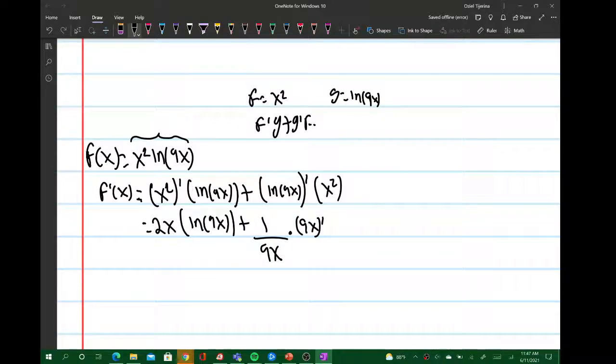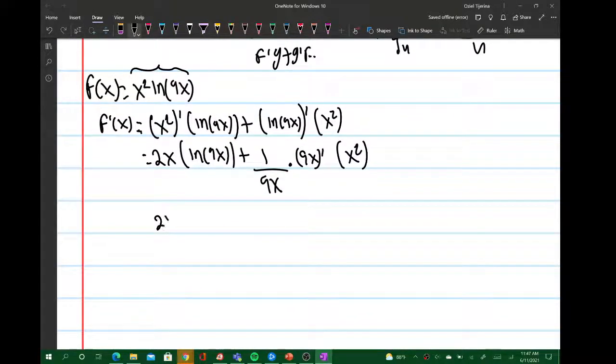Because remember, ln of u, the derivative, is really just 1 over u times u prime. So this is what this is, and then times x squared. So then we have 2x ln of 9x plus 1 over 9x times 9 times x squared.